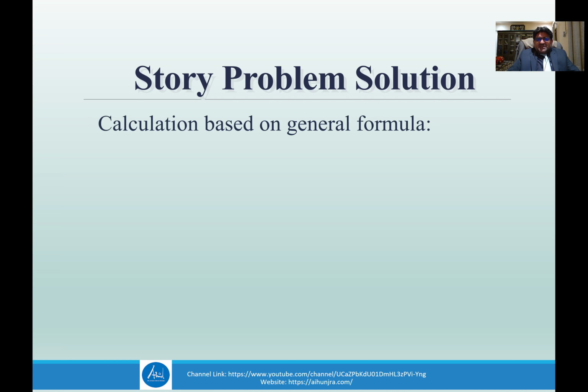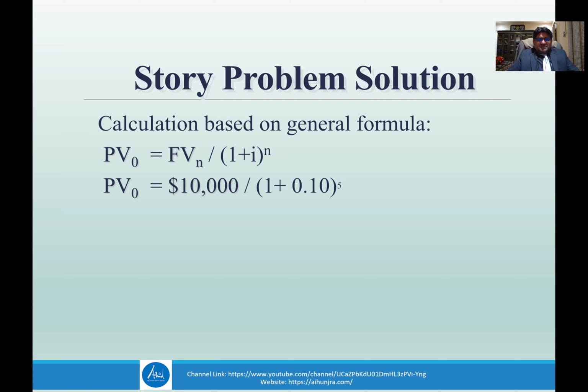So the calculation is based on the general formula. Present value is equal to future value divided by 1 plus I raised to the power n. So we can simply put the data into the given formula. So what is the given formula? Present value is equal to future value divided by 1 plus I raised to the power n.